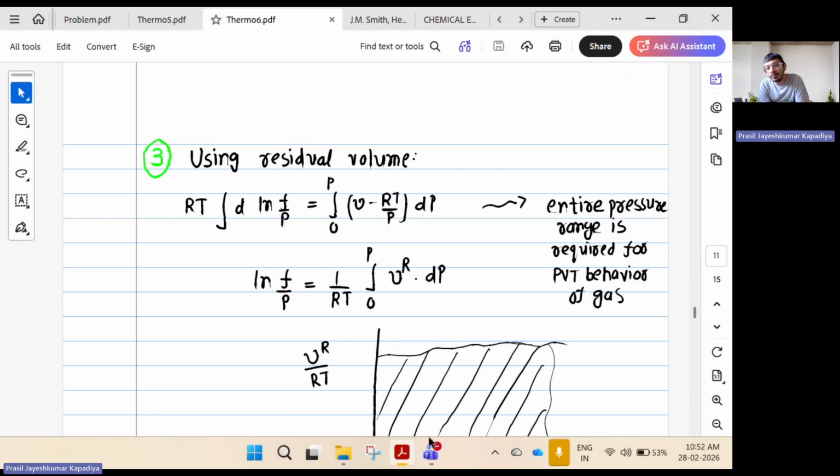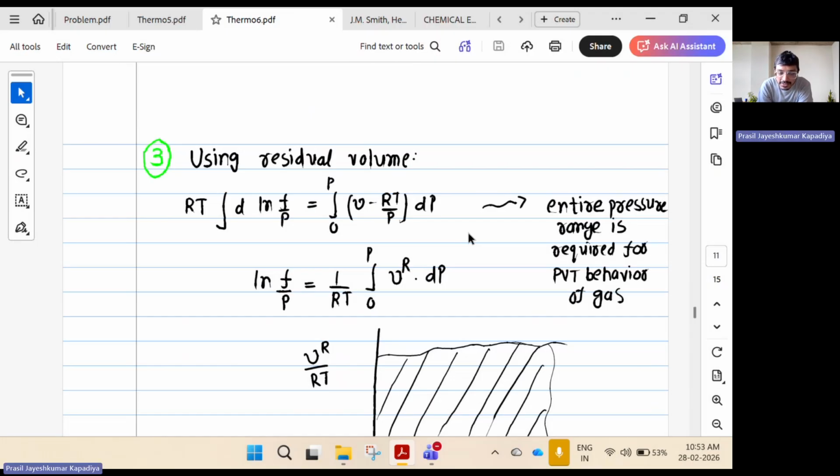V is my actual volume and RT divided by P is my volume occupied if the gas were ideal. So I can write it as (V minus V0) dP. And what is my V minus V0? V minus V0 is nothing but my residual volume, or departure function of volume.